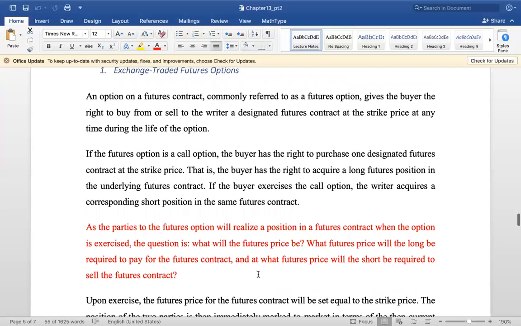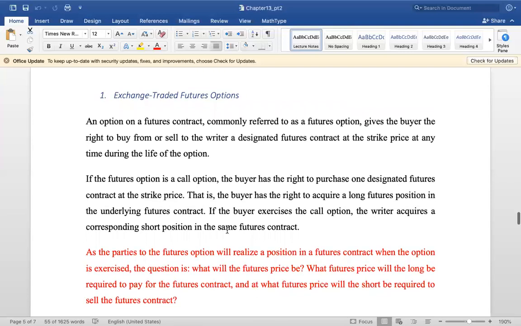Now let's talk about exchange traded futures options. There are futures options on all interest rate futures contracts mentioned earlier in this chapter. An option on a futures contract, commonly referred to as a futures option, gives the buyer the right to buy from or sell to the writer a designated futures contract at a strike price during the life of the option.